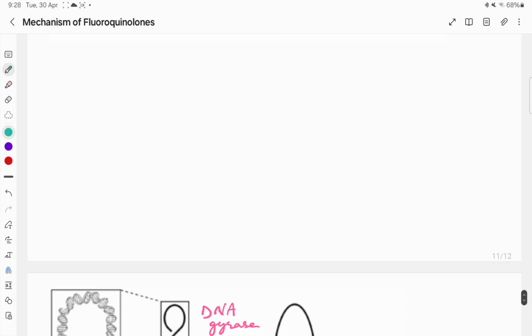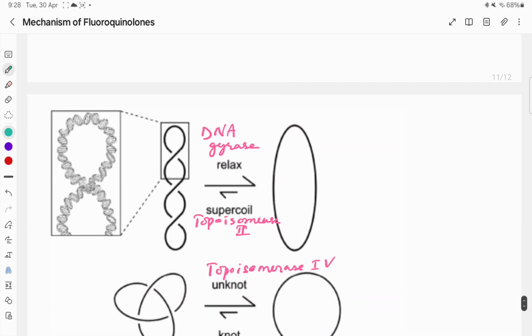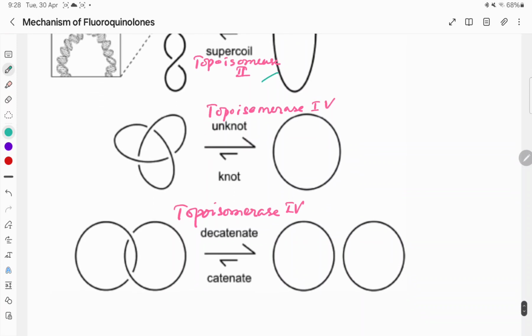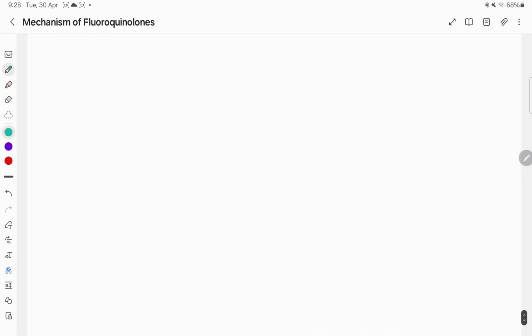So this is all about the mechanism of action. This is the action of DNA gyrase, the topoisomerase 2, and this is the action of topoisomerase 4. Thank you.